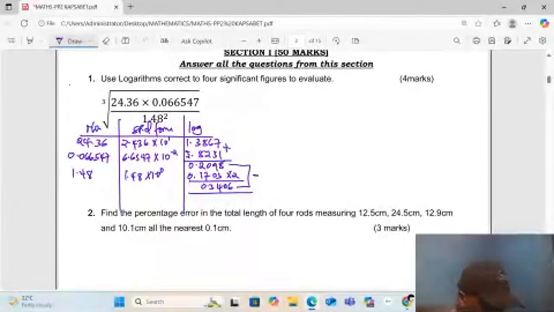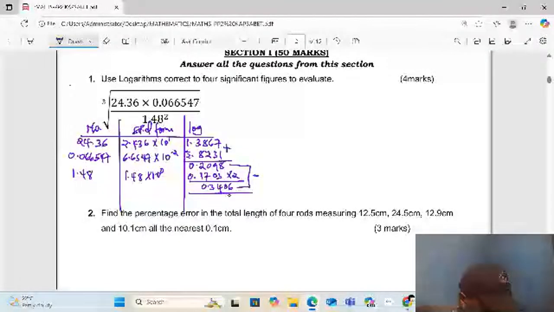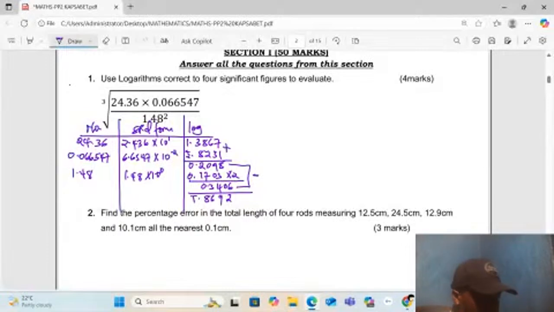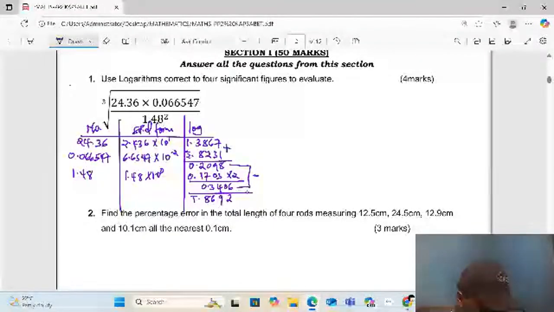So we are going to have bar 1.8692. Now this is the result for the numerator divided.